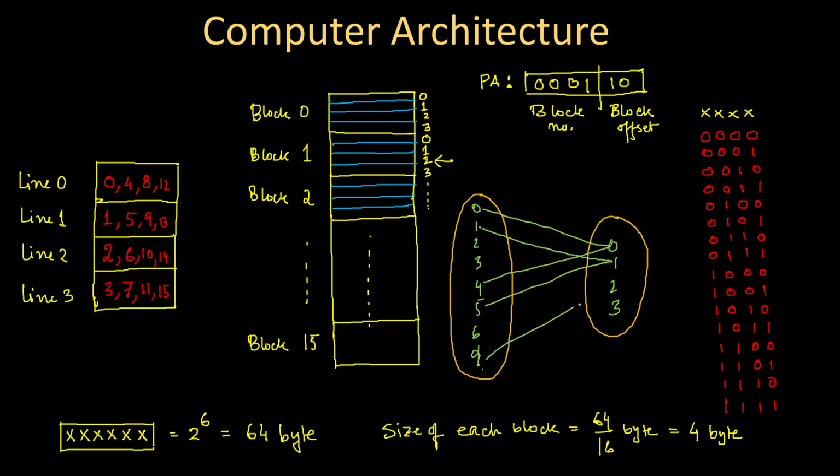If I have a 9, then 9 can be mapped over here. If I have an 8, 8 can be mapped over here. So you see, if you consider a particular line, this particular line contains either block 0 or block 4 or block 8 or 12.